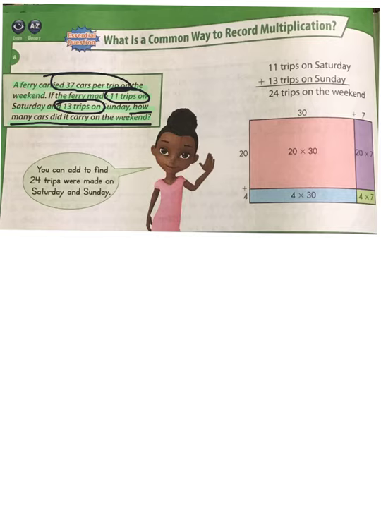First, we have to figure out the total number of trips on Saturday and Sunday. There are 11 trips on Saturday and 13 trips on Sunday for a total of 24 trips for the weekend. Now, we need to multiply 24 trips times 37 cars per trip.